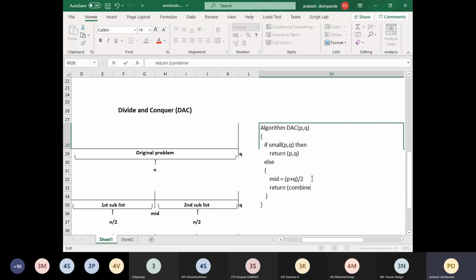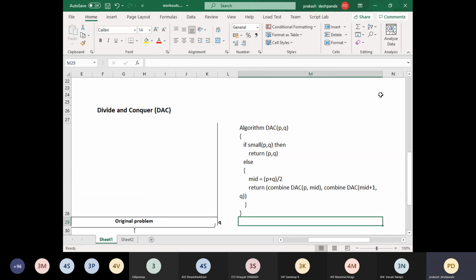I will tell you what this combine is. Now I'm going to combine what? The DAC of P comma mid, and then combine DAC of mid plus 1 comma Q.